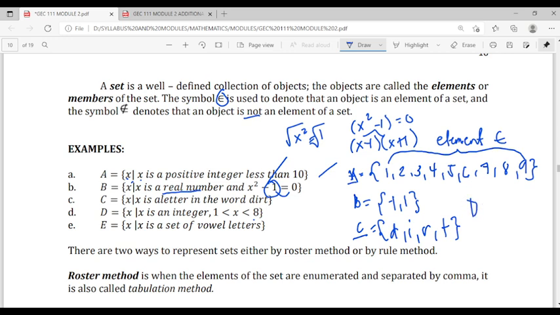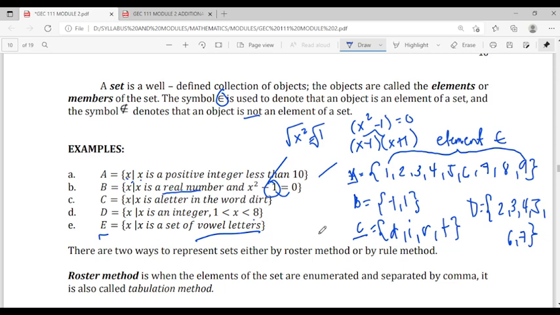So, our D starts from 2, 3, 4, until 7. And for the set E, we have the set of vowel letters, the A, E, I, O.